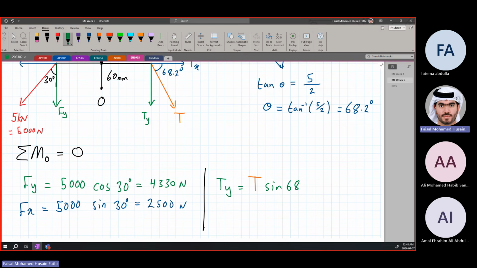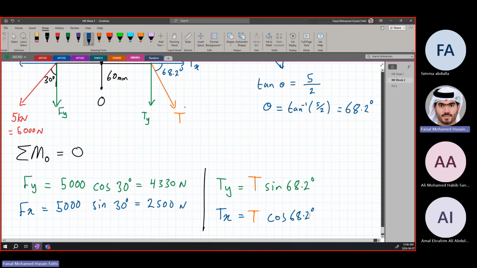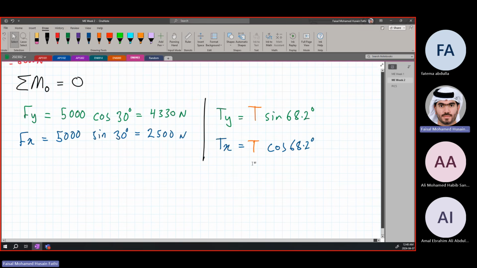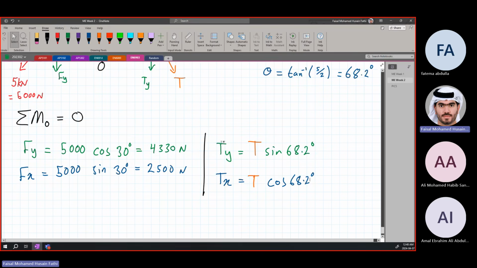And then we have Tx, which is equal to T cosine of 68.2, because it is adjacent. Okay.